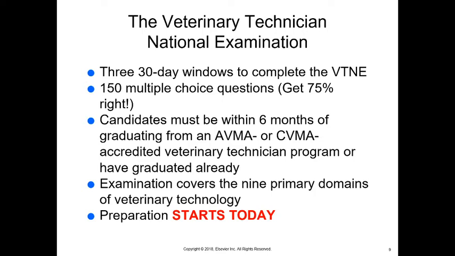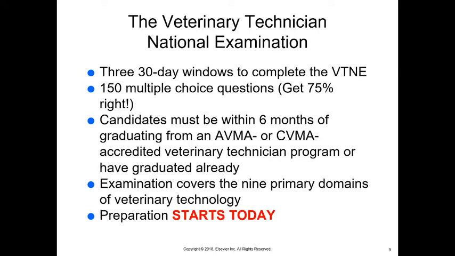The Veterinary Technician National Examination, this is the VTNE. This is the high stakes examination that every graduate must pass in order to become registered as a veterinary technician in the state of Ohio. It's offered 3 times a year in 30-day windows. You must get 75% correct out of 150 multiple choice questions.